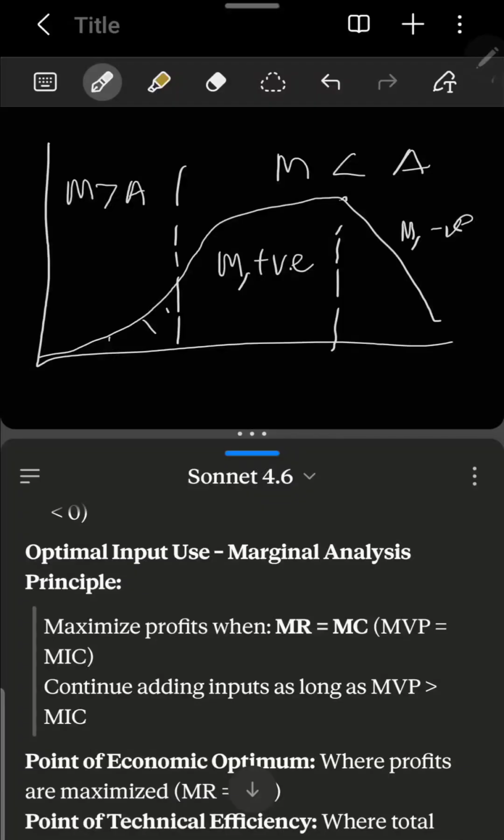So, optimal input use, or the marginal analysis principle. For you to maximize profits, this is what we're saying: the marginal returns must be equal to the marginal cost. For you to maximize profit, the marginal revenue, the additional revenue, must be equal to the marginal costs.